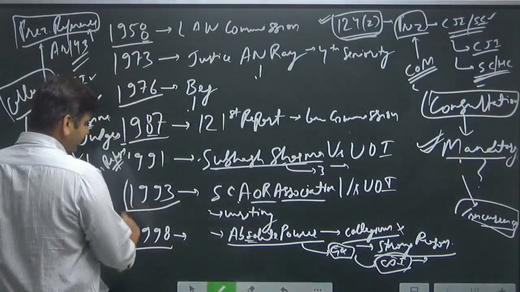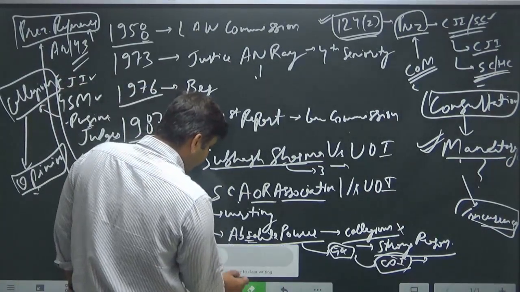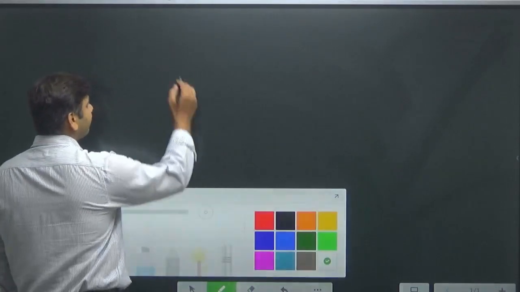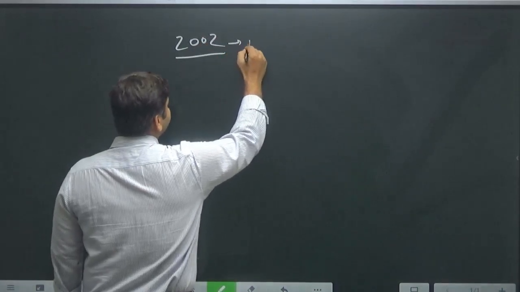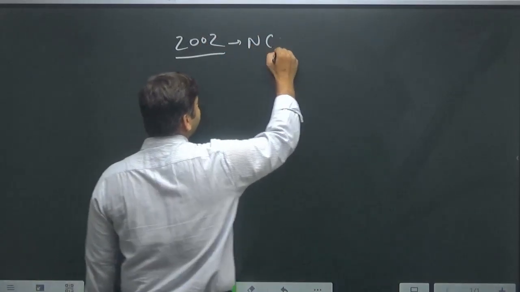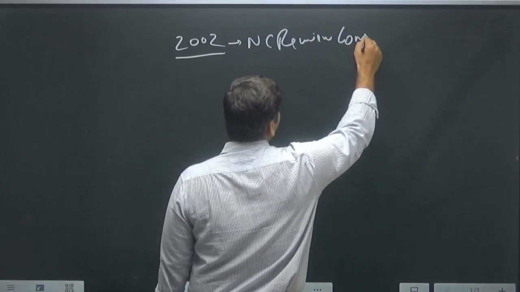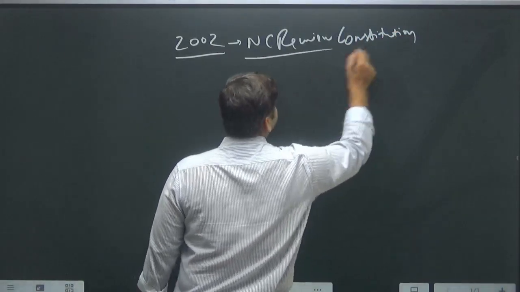Now we are here in the year 1998. Something important happens in the year 2002. In the year 2002, the National Commission on Review of the Constitution gave its report.